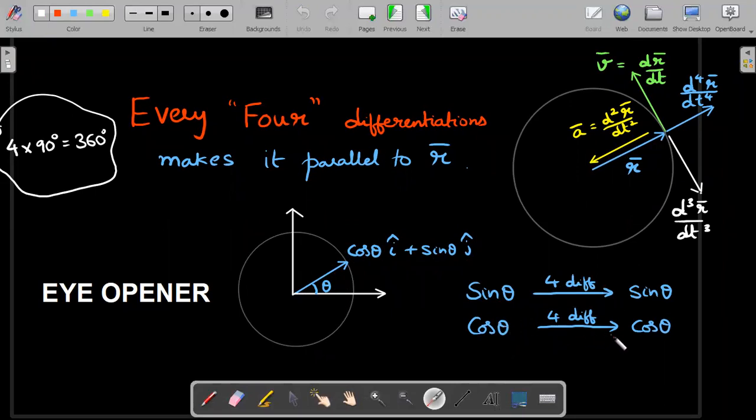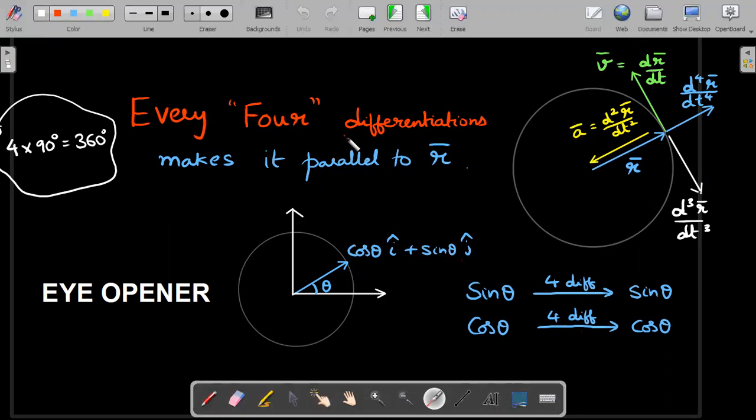Cos also, 4 times differentiation gives you back cos. So differentiation of this vector should repeat it back. So this is from the perspective of trigonometry and unit vectors. Every which way, I think you realize 4 differentiations should be giving it parallel to itself. This is true for every rotating vector which is of constant magnitude.